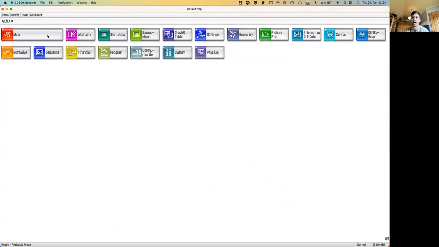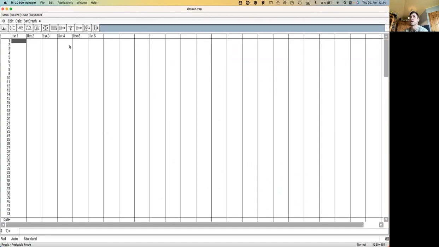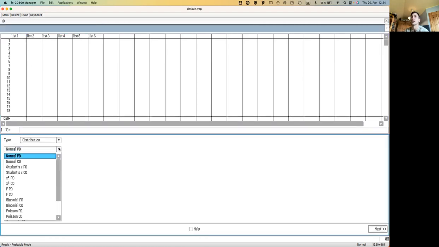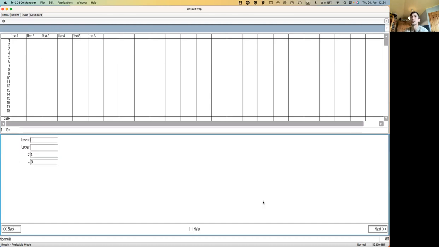Okay, so for this one, we go to the statistics section. I'm sure there are other ways to do it, but this is how I do it. Then I go to calc and then distribution, then normal CD. Our lower bound was 172 grams, our upper bound was 183, the standard deviation was 6.83 and the mean was 163 grams.